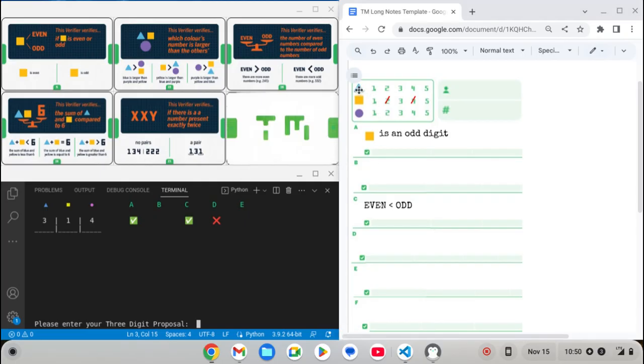So let's go ahead and type that up in our notes for section D, and we'll say that triangle plus square is either equal to or greater than 6.